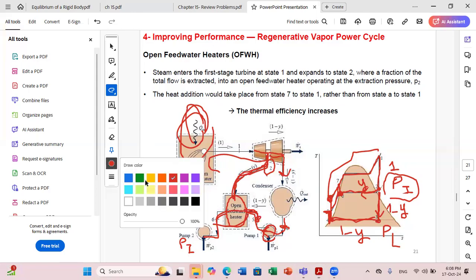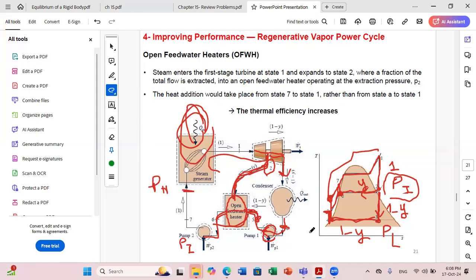Instead of heating from A to 1, we're just heating from 7 to 1. So this is the heating process now. All of this part is saved, okay? So I saved a high amount of heat input by introducing this open feed water heater. It's true that I added an additional pump, but the pump power is really small.